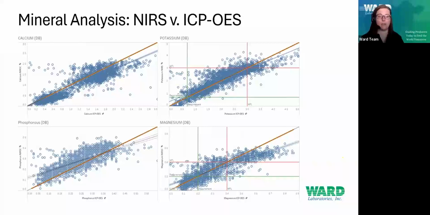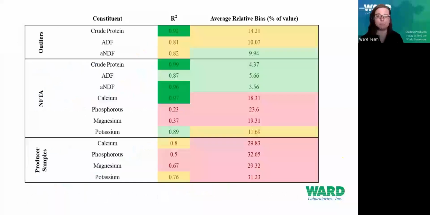That's the 1-to-1 line. We want an R squared of greater than 0.8, and ultimately we are not seeing that with these samples, so our lab will no longer be offering that data by NIR. But you can always get it by wet chemistry, which is what we recommend. That's going to be your most accurate, reliable option.